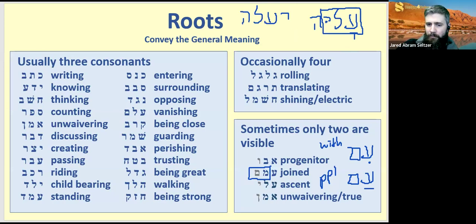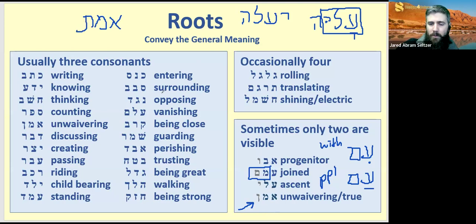Nun is another common weak letter, especially when it comes at the end of a syllable. Does anyone know the word amen? Has to do with something being unwavering or fixed or steady. Does anyone know the word emet?